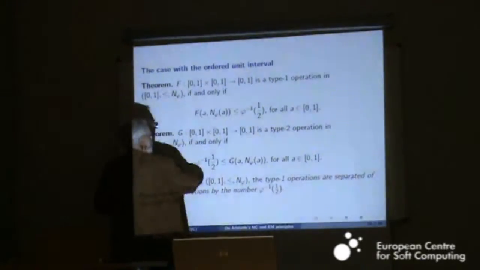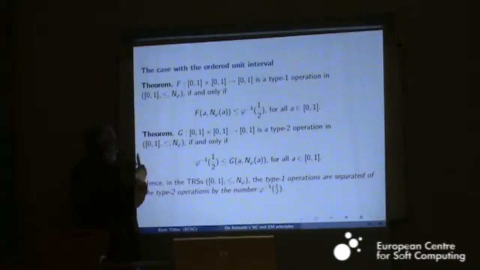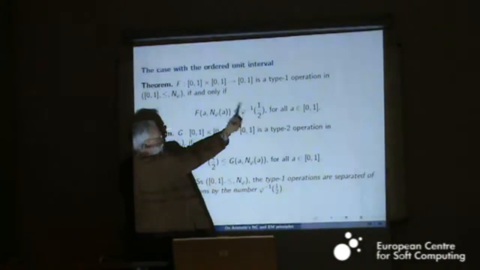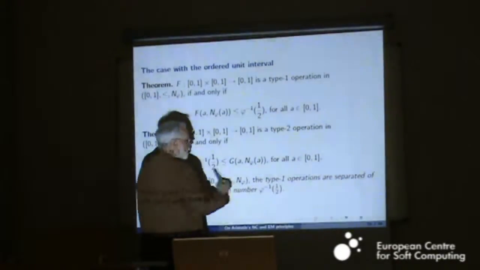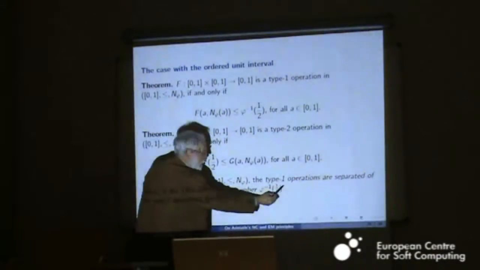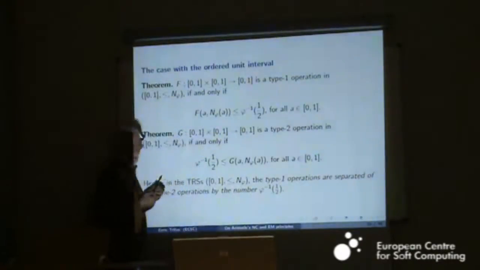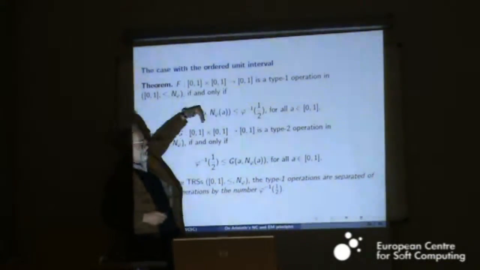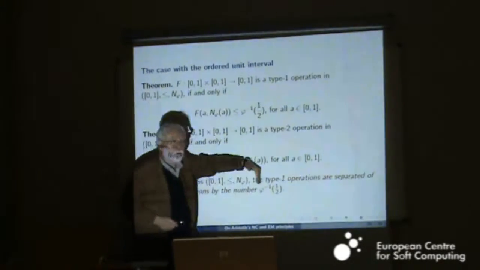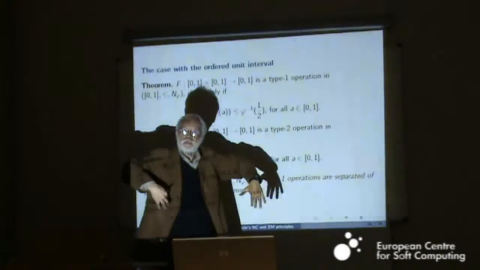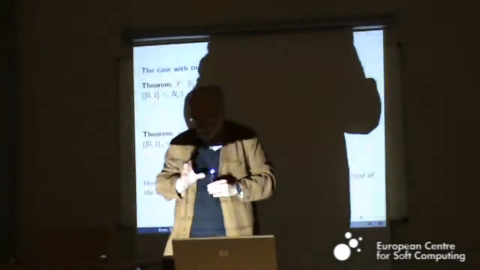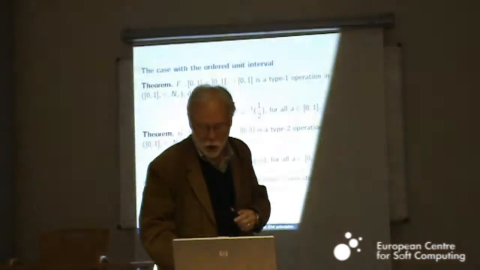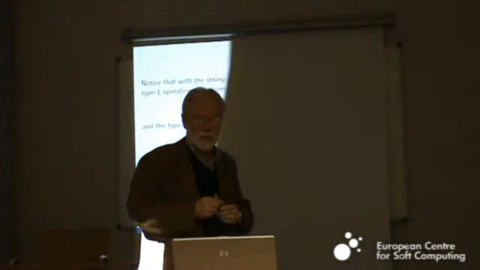For what concerns type 2, in the same structure, the situation is that. Look, this number, the fixed point of the negation, separates type 1 operations from type 2 operations. This happens, as far as I know, only in the 0-1 interval.